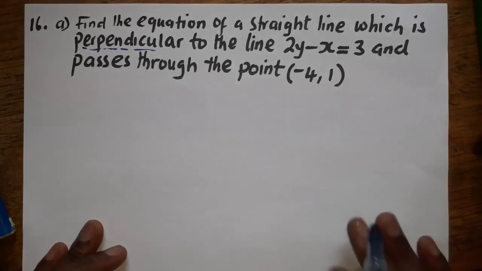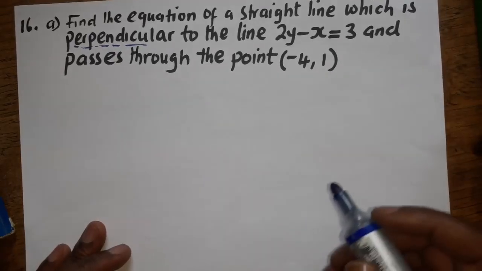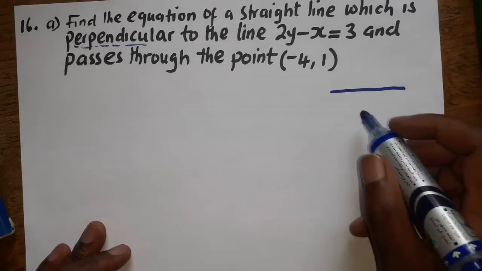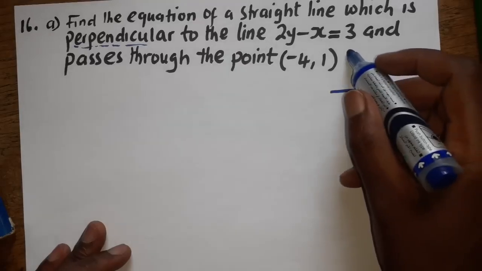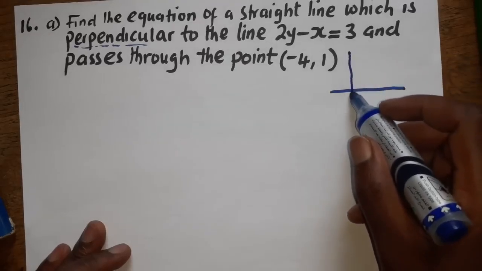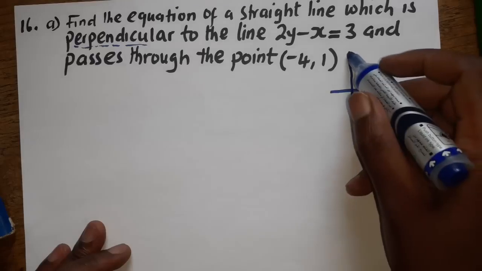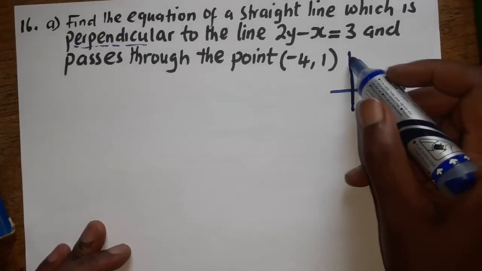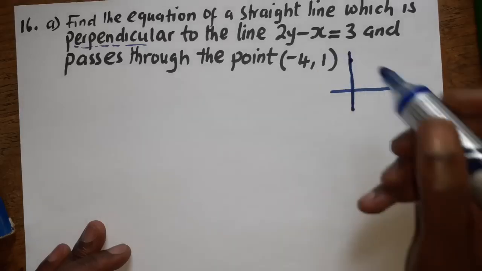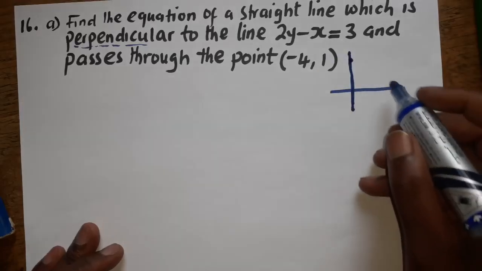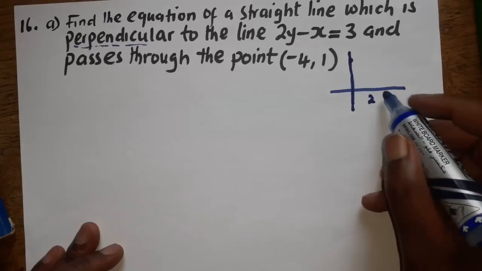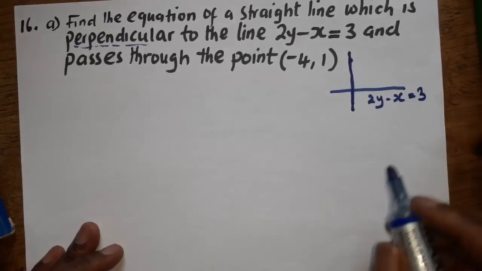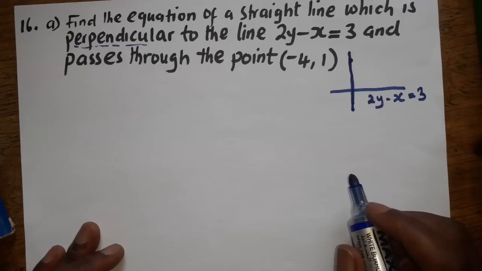So we have a line, for instance, and we want the equation of this line. This line passes through this point, and it is perpendicular to the line 2y minus x equals 3.